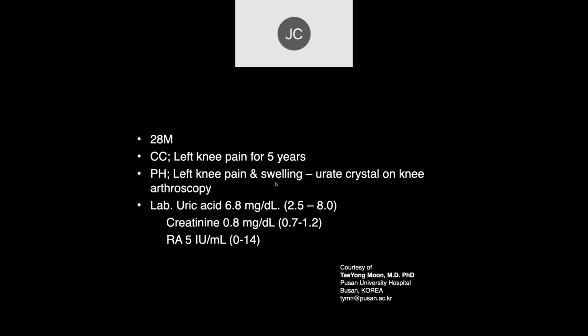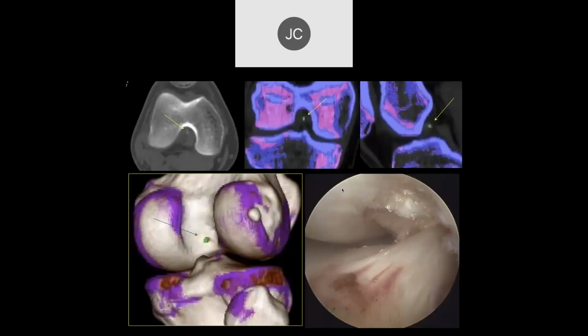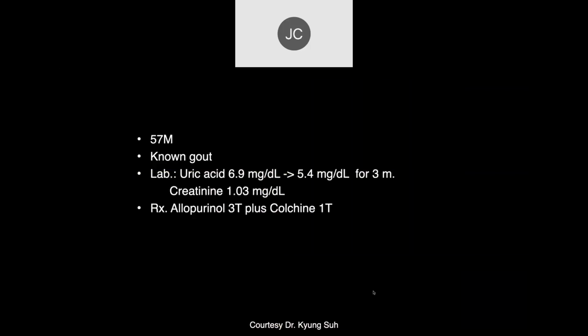This is looking at uric acid disease and gout. This particular patient, here we can see a dual energy CT scan, shows areas of uric acid deposition within the joint space. Here we can see those at arthroscopy, a little bit of inflammatory change here.